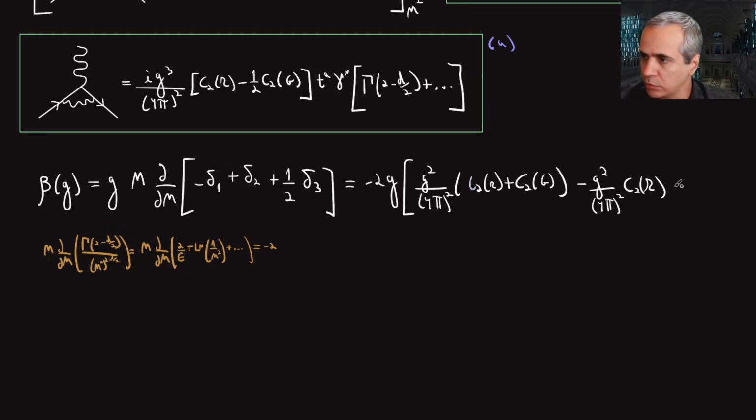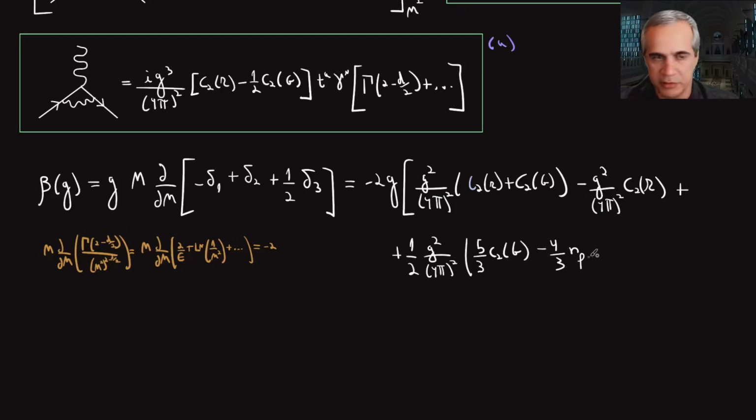And now the term for the self-energy of the photon is g squared over 4 pi squared, 5/3 of C2G minus 4/3 of the number of fermions CR.